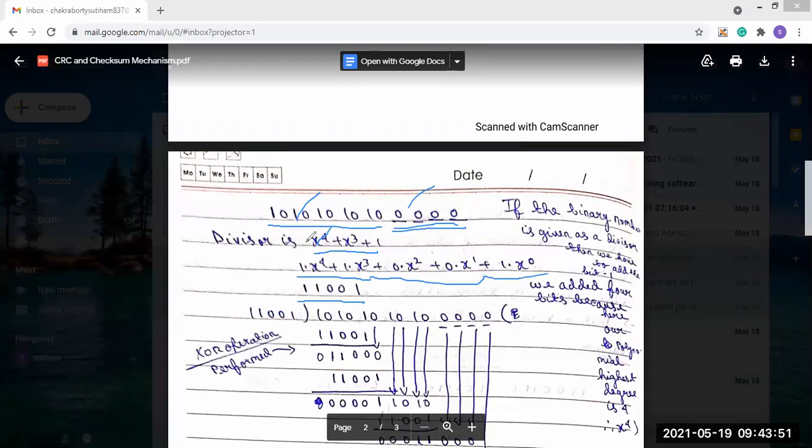For x4, it is 1 into x4 plus 1 into x3. x2 and x1 are not given, so 0 into x2 plus 0 into x1, and 1 is given, so 1 into x0. So it will be 1, 1, 0, 0, 1.